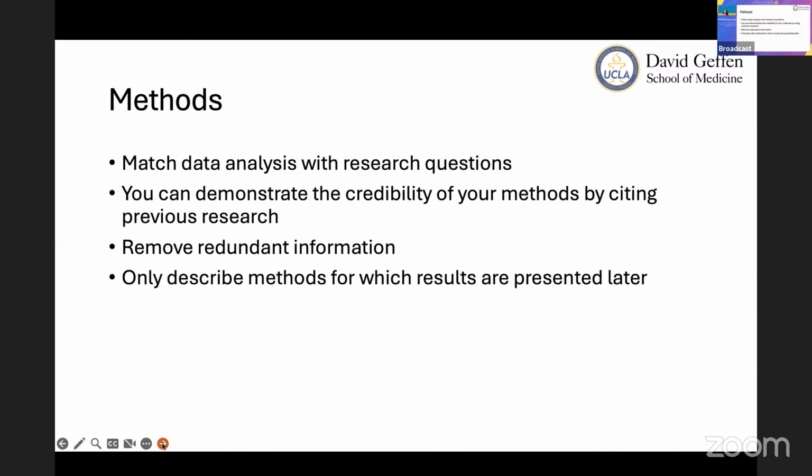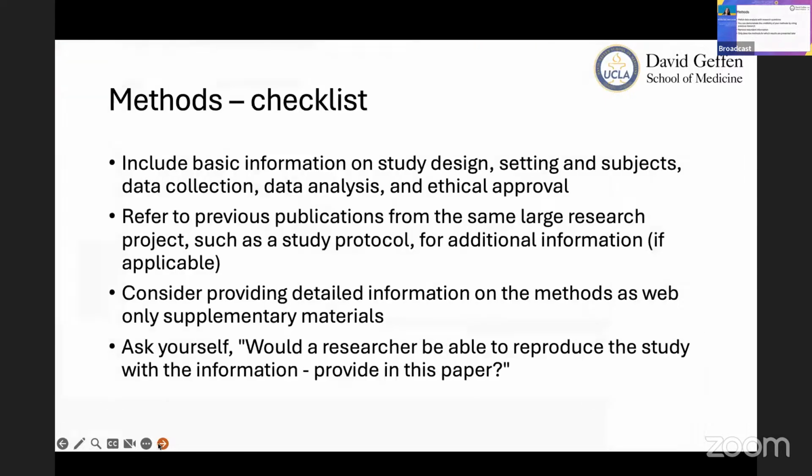You can also demonstrate the credibility of your methods by citing previous research, like why did we use this method? Because someone else in this paper used a similar method, and then you cite them. Then remove any redundant information and only describe methods that actually resulted in whatever you're going to put in the results section. The methods section should be appropriate to that.